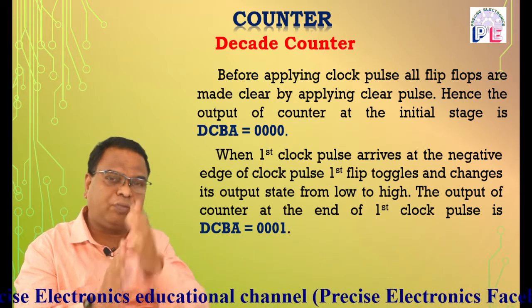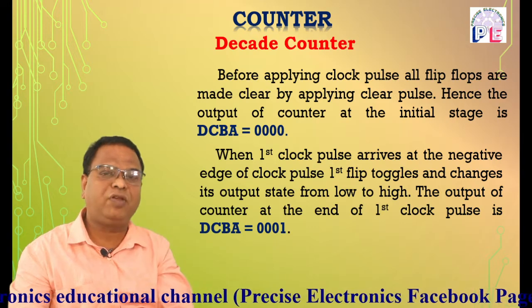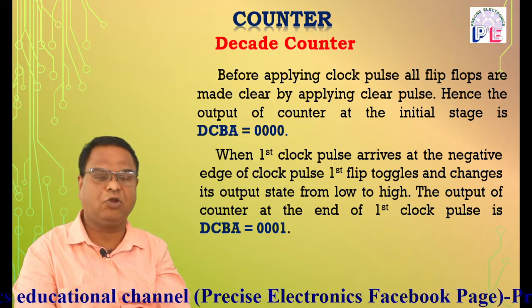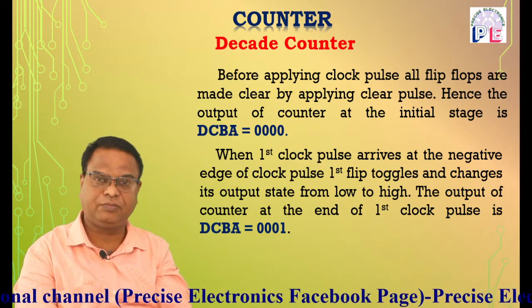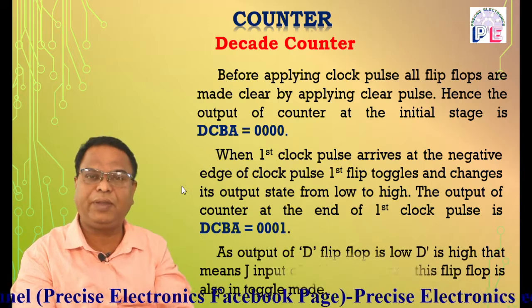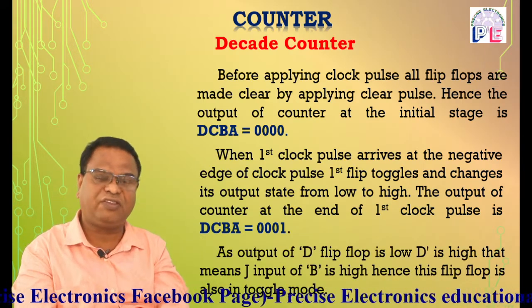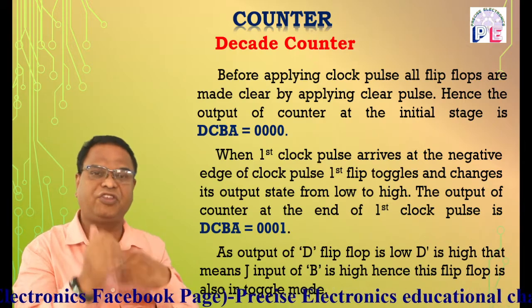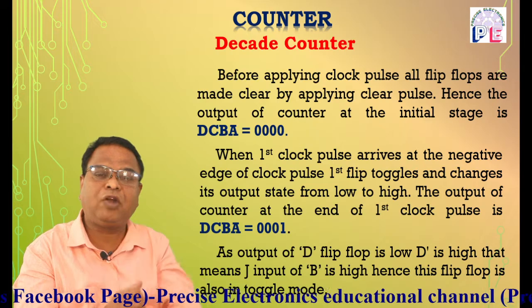The output of A drives the B flip-flop. Both J and K inputs of the B flip-flop are connected to high logic, because the K input is connected to +VCC and the J input of the second flip-flop is connected to D complement. As the last flip-flop is in reset mode, its output is low, but the complement of the output is high.